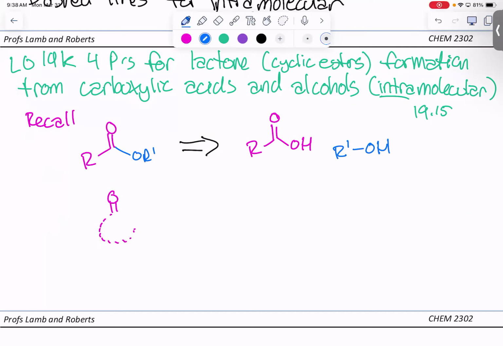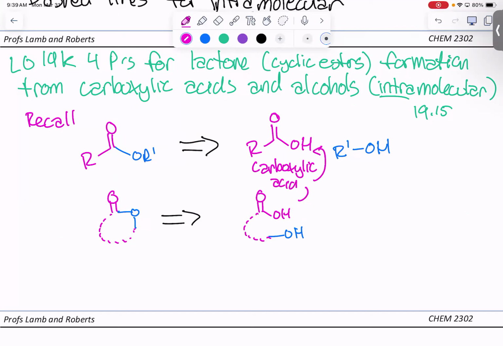The dashed lines mean it can work for many different ring sizes. It's not just restricted to one ring size. Then all we would need to do is have our carboxylic acid and our alcohol in the same molecule. Sorry, that should be an H. All right, so we have a carboxylic acid here or here. The other molecule we need is an alcohol. We have that here or here.